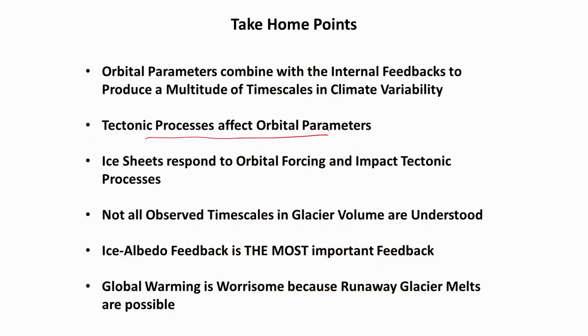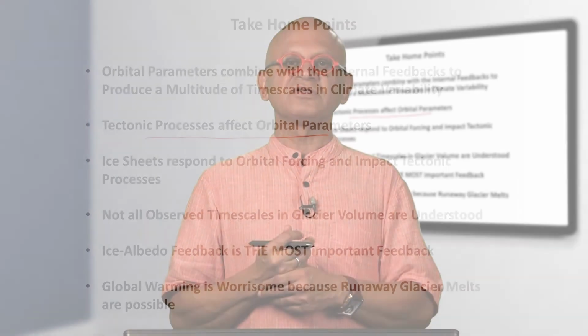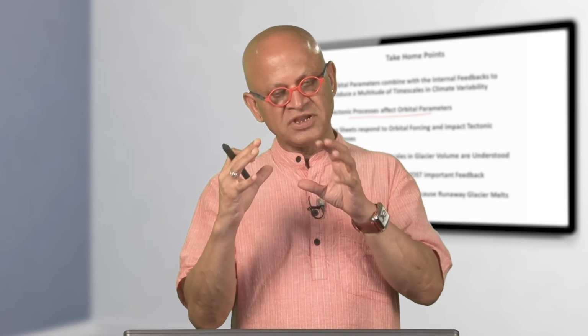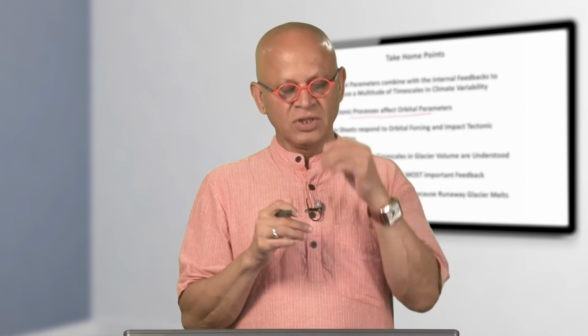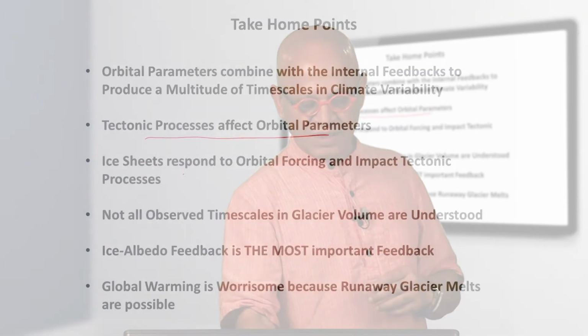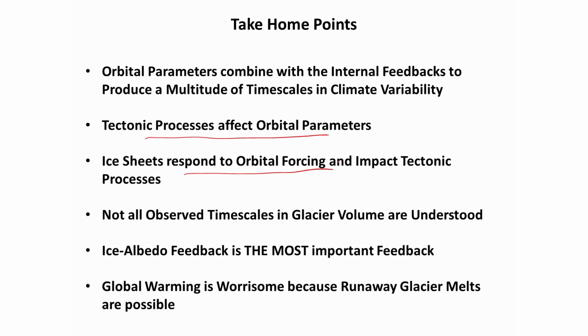So, tectonic processes affect orbital parameters, as we saw with a figure. As continents move around, the Earth Moon system changes its orbital periods and length of day and gravitational pull and so on. That combines to affect the orbital parameters. The precession cycle and the obliquity cycle have changed over the evolution of the Earth, and ice sheets respond to orbital forcing and tectonic processes.